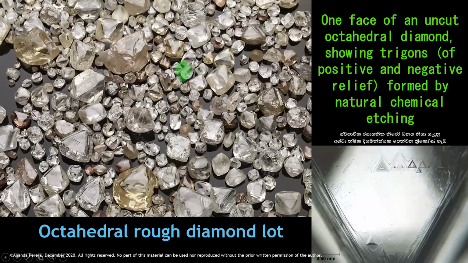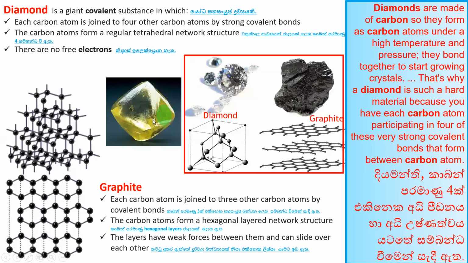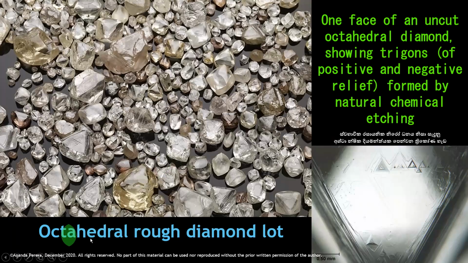Here you can see the diamond crystals. Octahedral. Octa means 8. Hedral. So look at here. There are four sides with the cone, double cone. Then altogether 8 sides are there. So octa means 8. Octahedral means that shape.